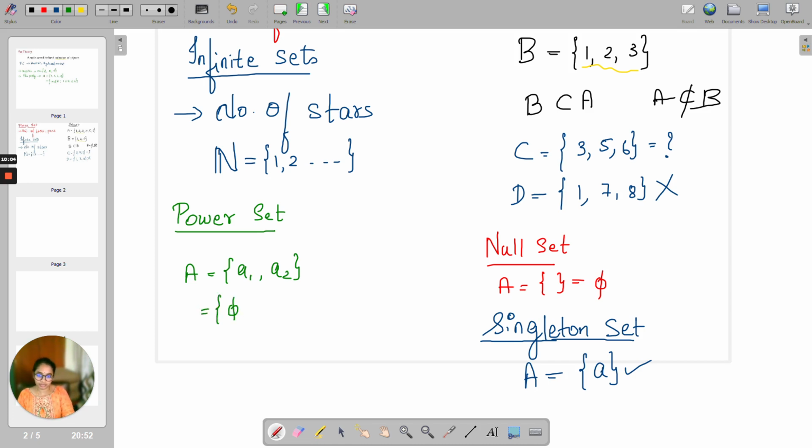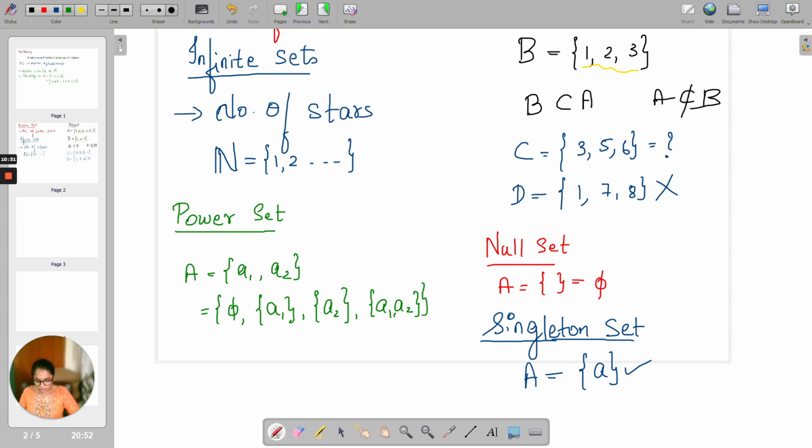Yes. If I take the table example again, there can be nothing on the table. The table can be empty. The subset can contain only the element A1. It can contain only A2. Or it can contain both A1 and A2.